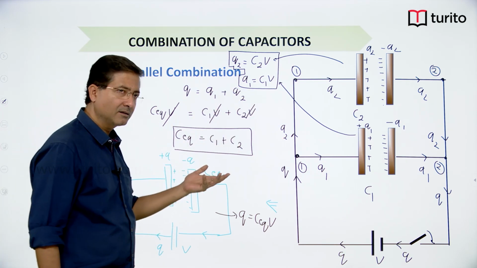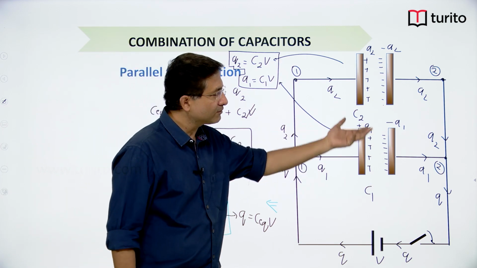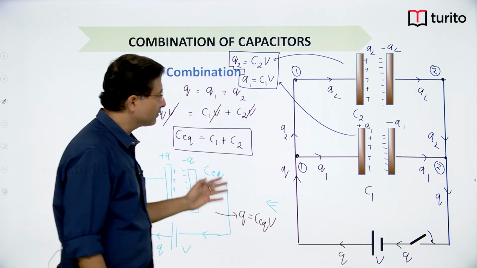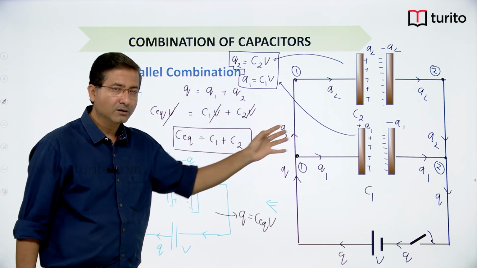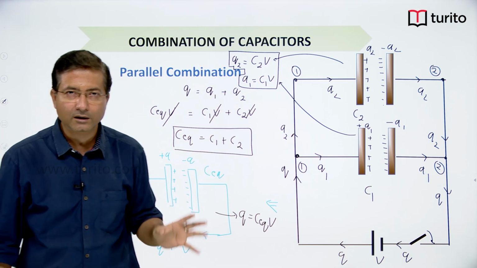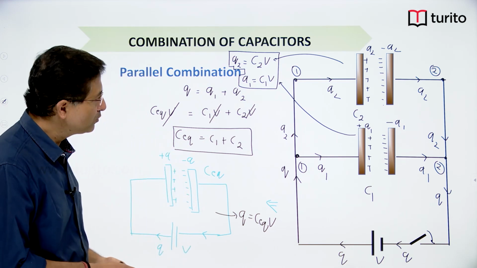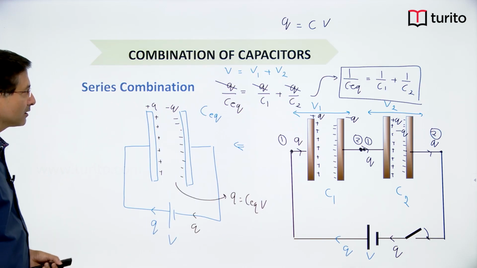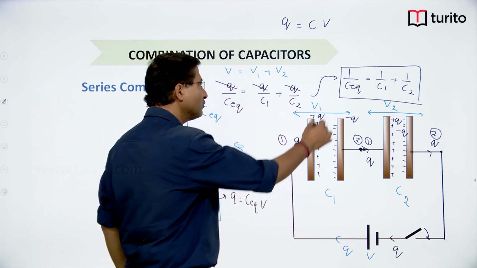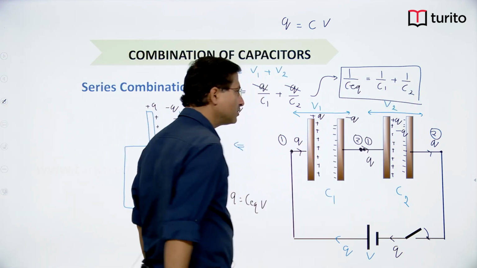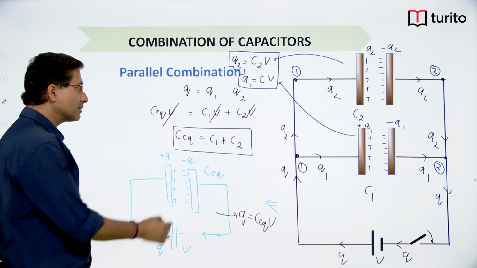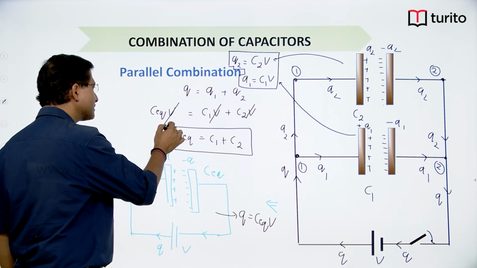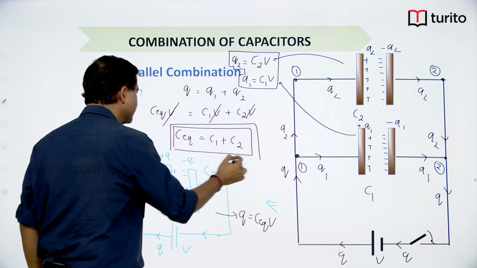So I have taken an example of two capacitors. We may have 3 or 4 capacitors, n number of capacitors. We just have to write C1 plus C2 plus C3 plus C4 and so on to get the equivalent capacitance of the arrangement. So the series formula is 1 upon C equivalent is equal to 1 upon C1 plus 1 upon C2, and for parallel we have the formula C equivalent is equal to C1 plus C2, right.